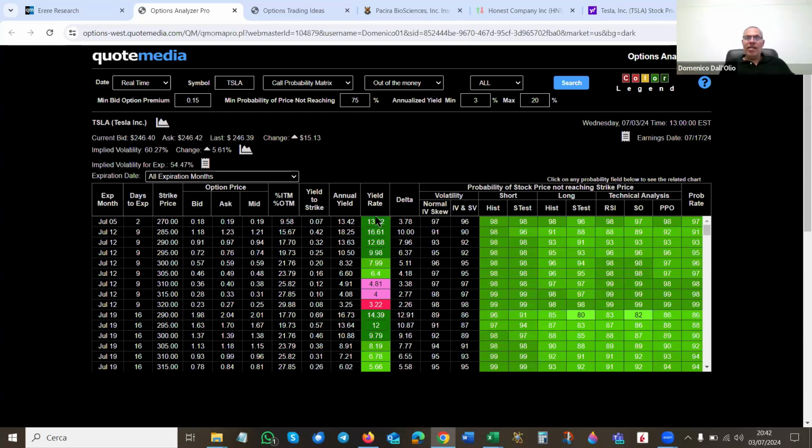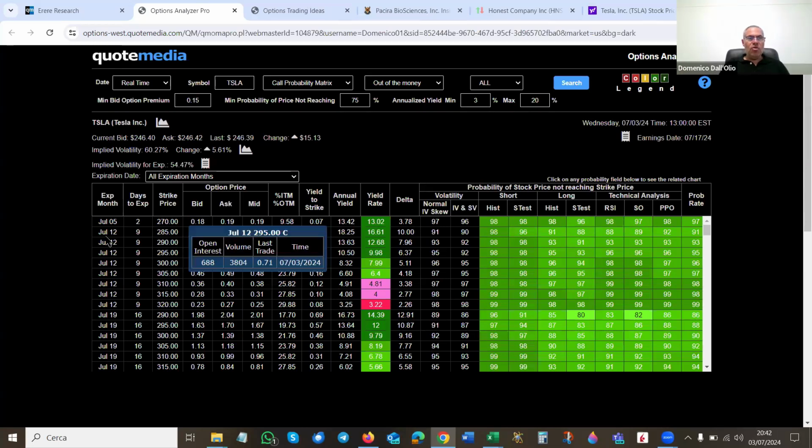What is the yield rate? It's the annual yield weighted on the probability rate, which is the weighted average of all the probabilistic readings according to the models.